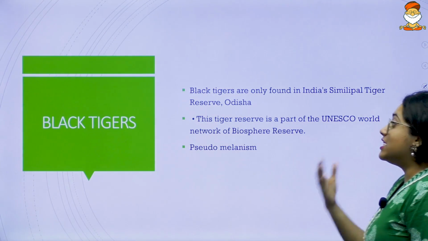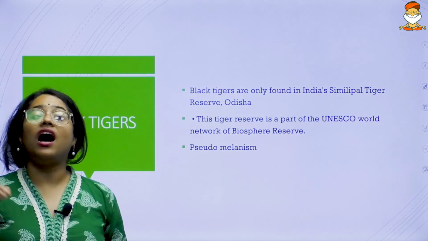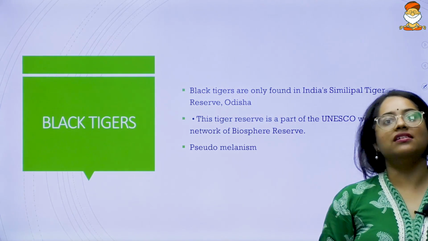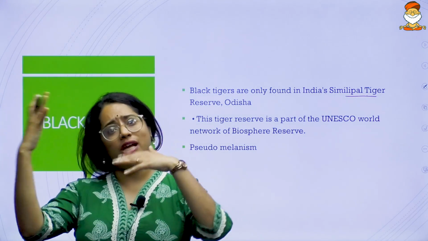Moving forward, there was a discovery of black tigers. Black tigers are only found in India's Simlipal Tiger Reserve in Odisha. Is the black tiger a new genetic species?